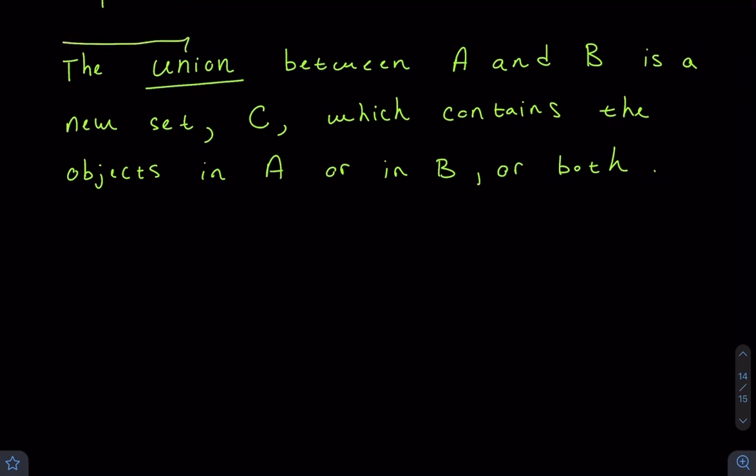So we denote this operator, union, by this symbol, which we call cap, which just looks like a capital U. And the union between A and B will be denoted like this, and it gives us a new set C.